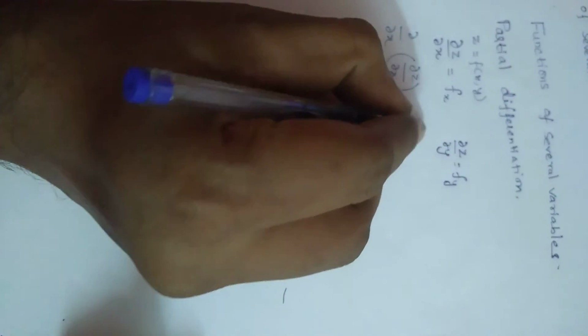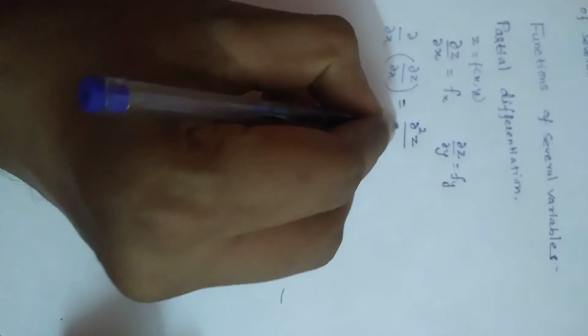Again, if we differentiate this function with respect to x, we write ∂ by ∂x of ∂z by ∂x. This is the second derivative, and it will be denoted as ∂²z by ∂x².